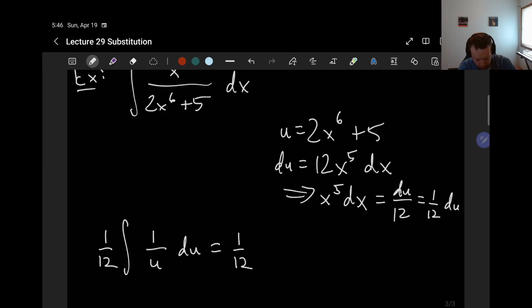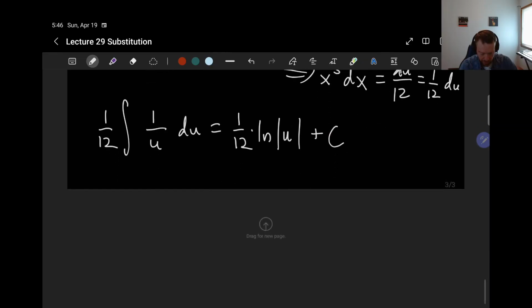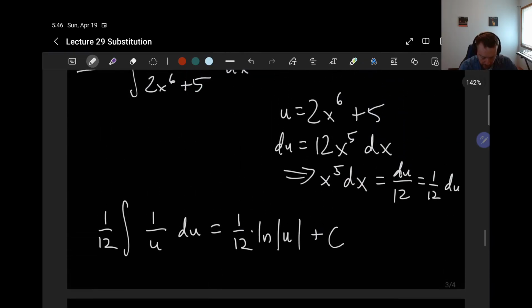So antiderivative of 1 over u is ln of the absolute value, remember. Now we go back to our original variable x. So u is 2x to the 6 plus 5.